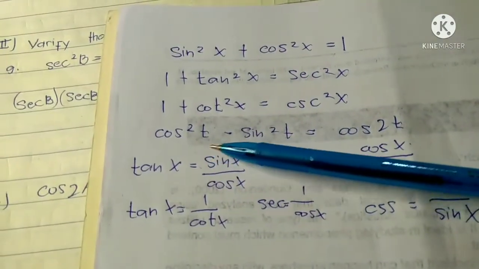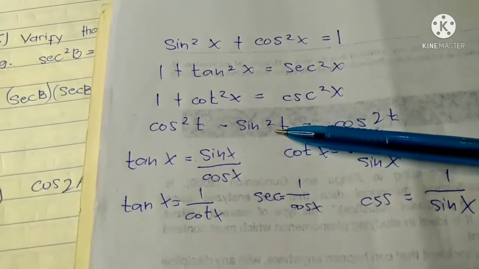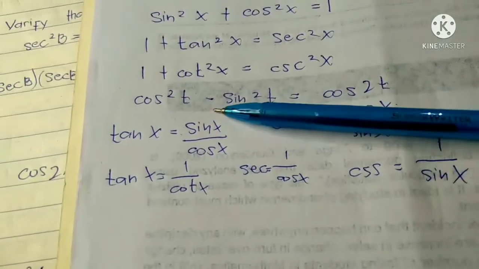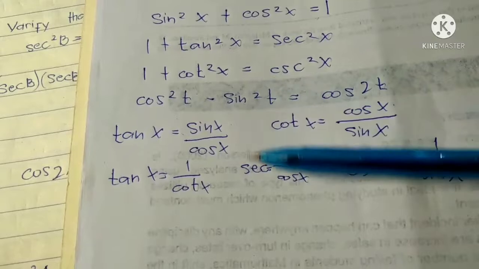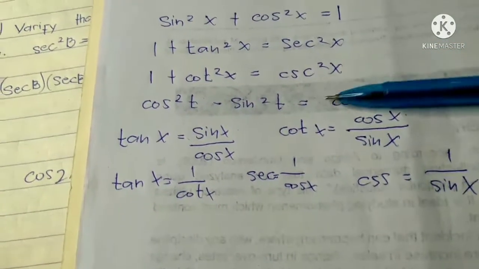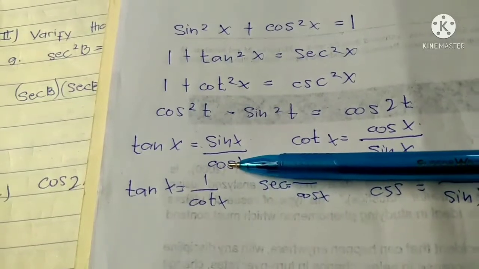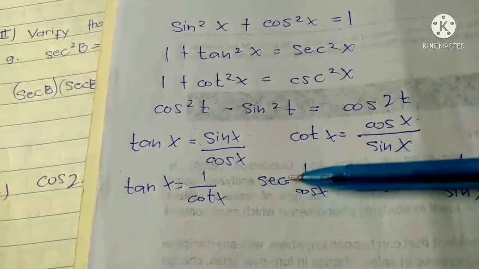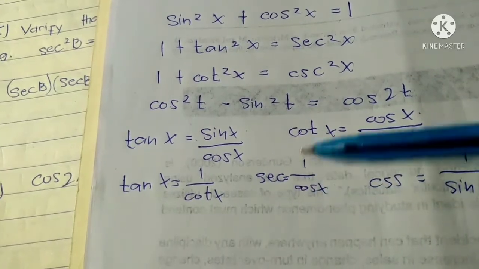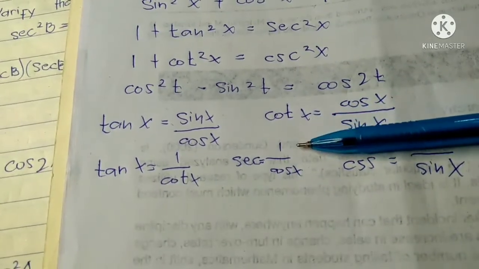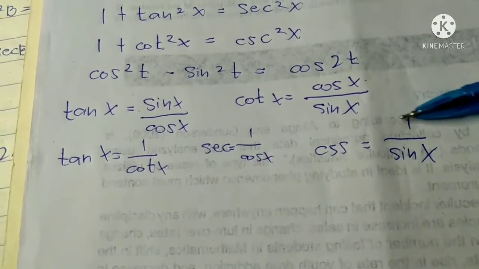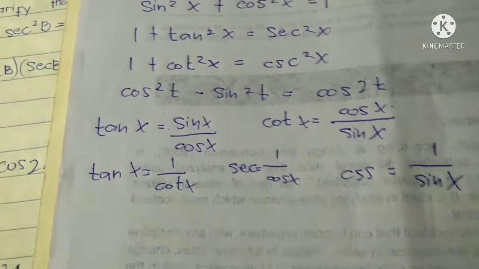And cosine squared t minus sine squared t is equal to cosine 2t. And tangent x is equal to sine x over cosine x. Cotangent x is equal to cosine x over sine x. Tangent x is also equal to 1 over cotangent x. And secant x is equal to 1 over cosine x, and cosecant x is equal to 1 over sine x.